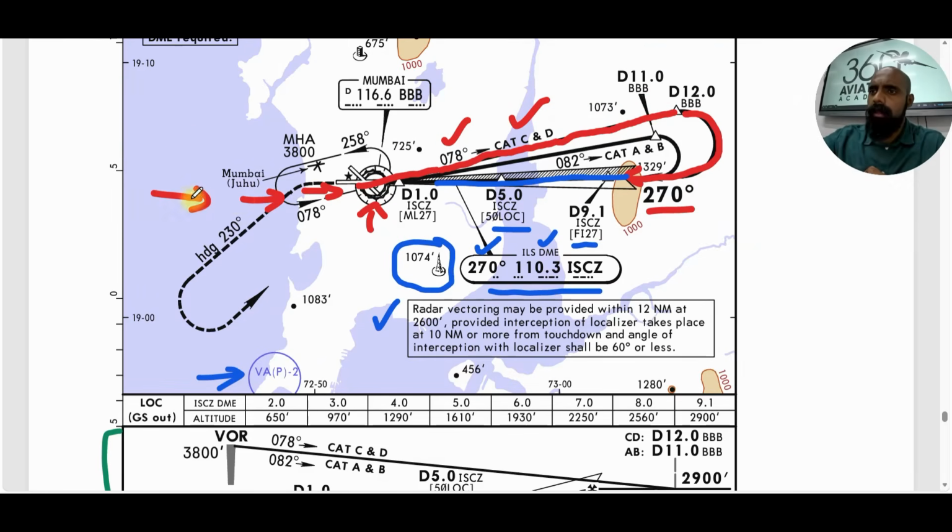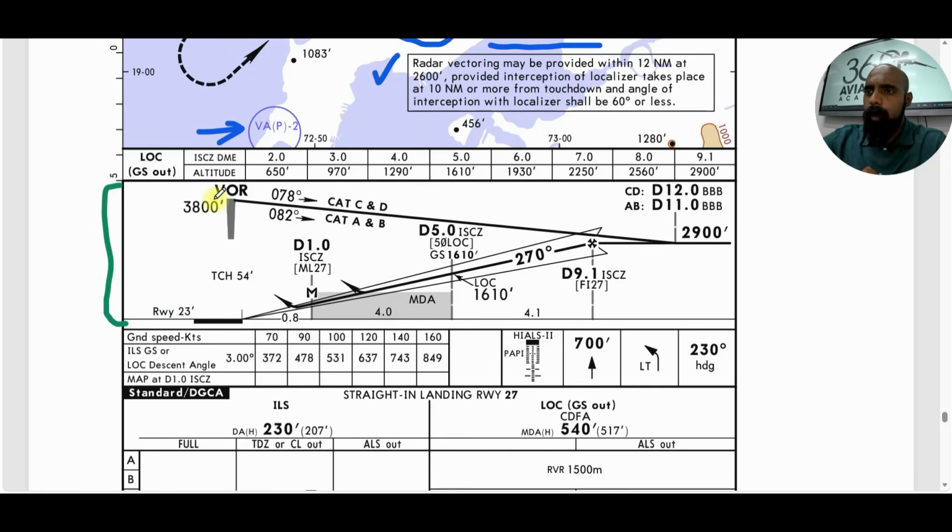I did mention that we will fly overhead the VOR, take a U-turn, come back, and then commence the final approach segment over here, as you can see. So that's the same thing that you're going to be doing. It just shows you from a lateral point of view what you would be doing. So you will cross the VOR, plus they tell you some additional information that you have to be at least 3,800 feet, and then you maintain a course of 078 if you have a category C or D aircraft.